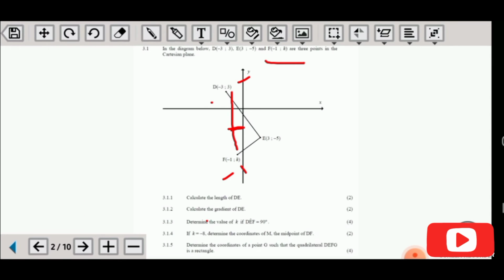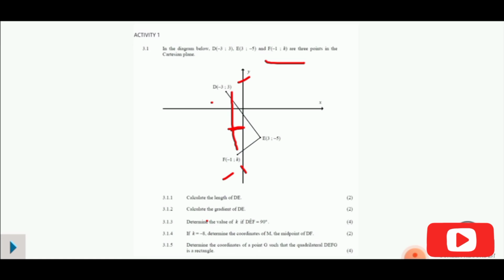So question 3.1.5 says, determine the coordinates of a point G such that the quadrilateral DEFG is a rectangle. So they say we need to make DEFG a quadrilateral, a rectangle. So let's make this a rectangle.